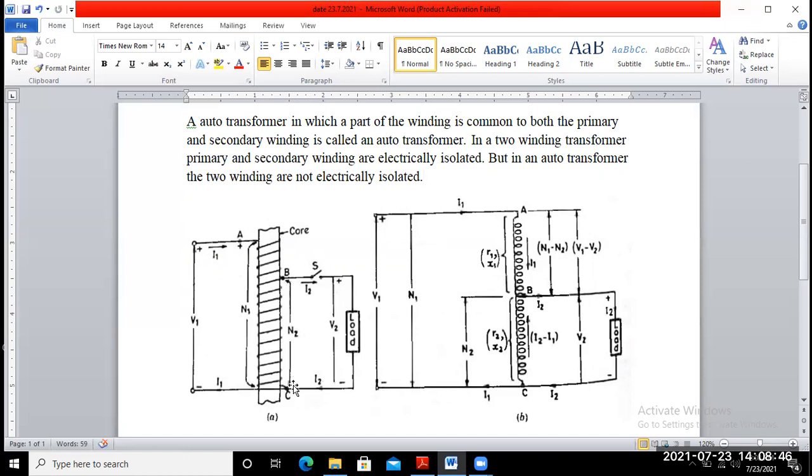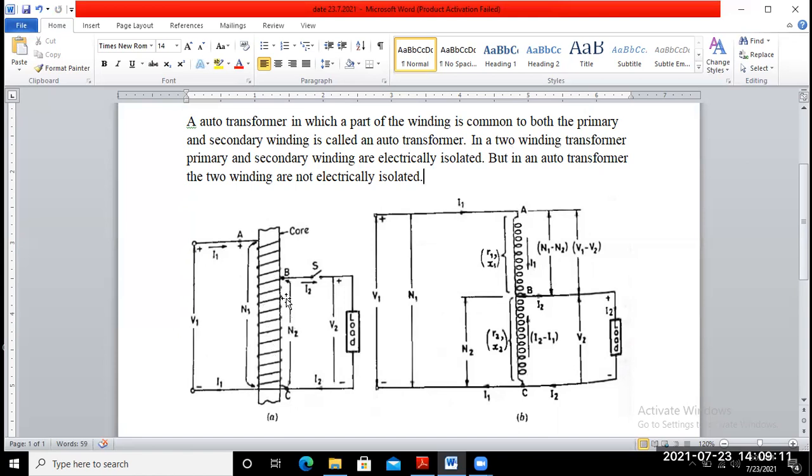From this point to this point is your secondary winding. Now, you may observe that a part of the winding is common to both windings. That means from B to C is common for both the primary as well as the secondary winding.